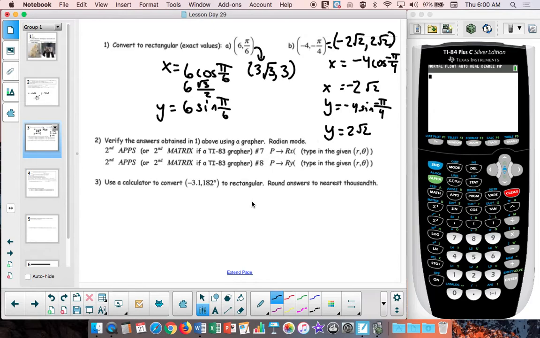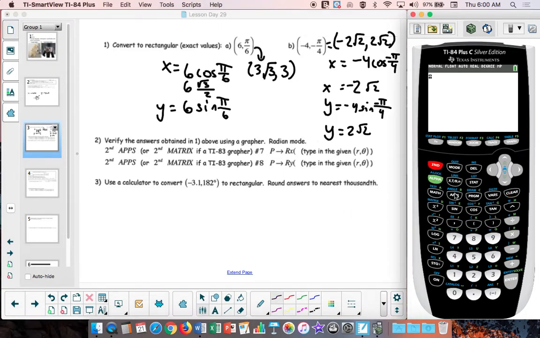The nice part about this is you can use your calculator to check or do it for you, but if you hit second and then apps, it goes to your angle features. We've been to this before when we were converting between degrees, minutes, seconds to decimal or decimal to degrees, minutes, seconds.